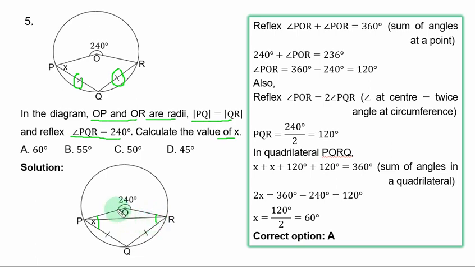Now if we are able to get this angle and this angle, and the base angles are equal, we can take it as a quadrilateral and add the four angles and equate it to 360 degrees. But this angle is needed and this one is needed. Reflex angle POR plus obtuse angle POR is equal to 360 degrees.